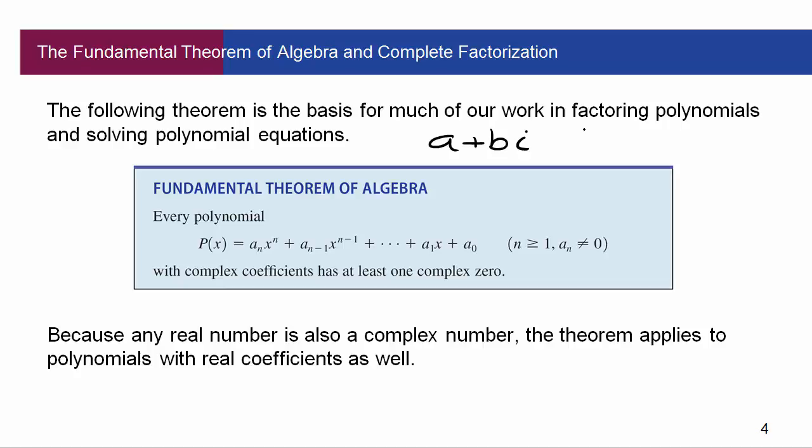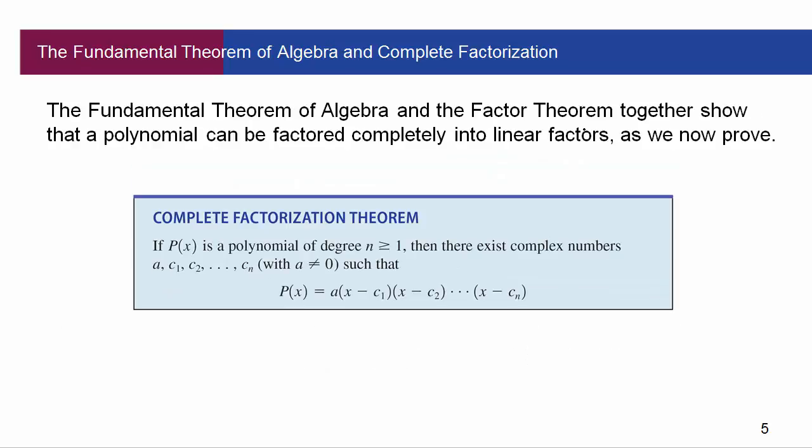Okay, well, when we couple this idea of at least one complex zero with the factoring theorems that we have and with the idea that we have real coefficients, then we get to this complete factorization theorem. And when we put all of that together, it's basically telling us that for every polynomial of degree n, we're going to have n many solutions, but some might be complex.